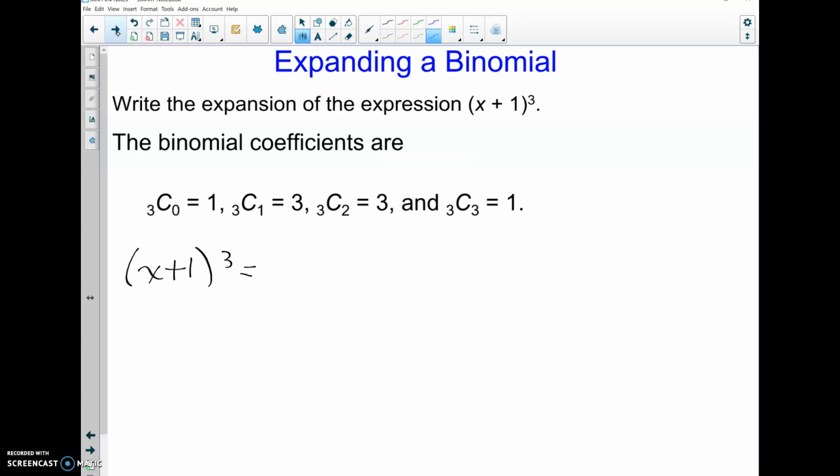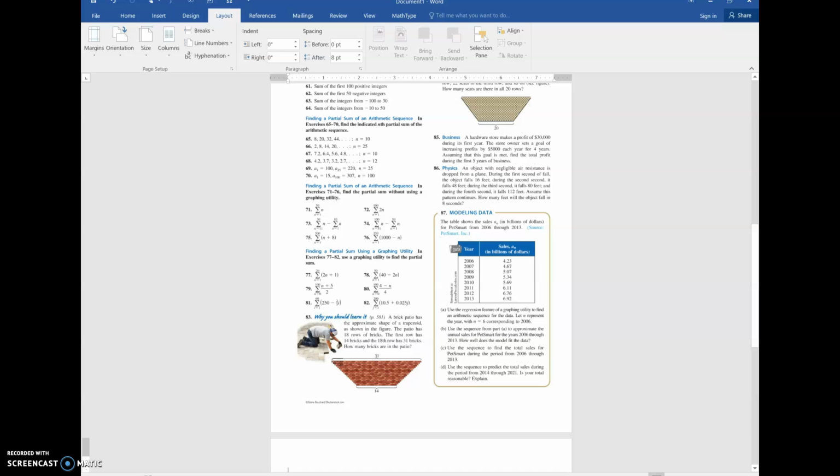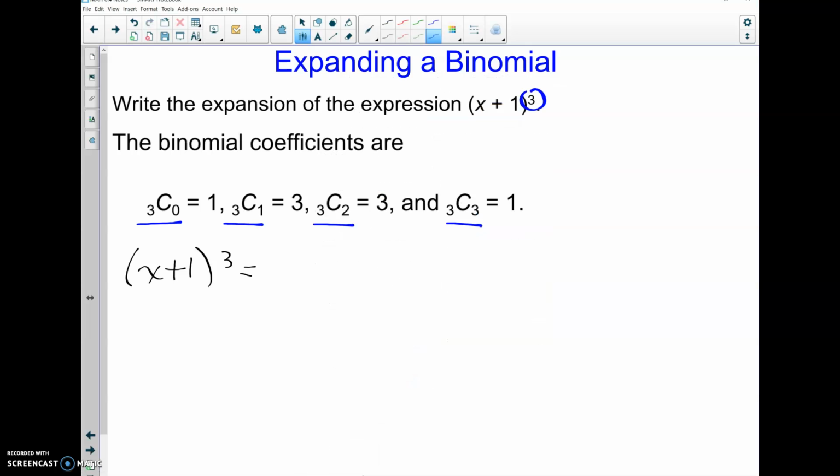So 3 choose 0, 3 choose 1, 3 choose 2, 3 choose 3. The first number is the power we're taking, and then we go from 0 up through the power.